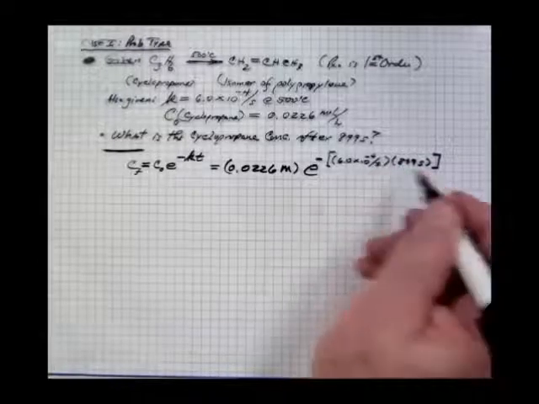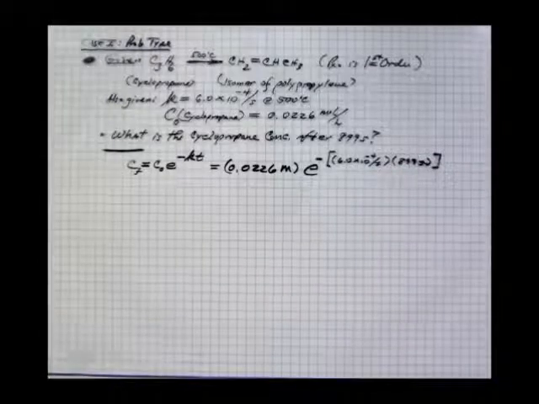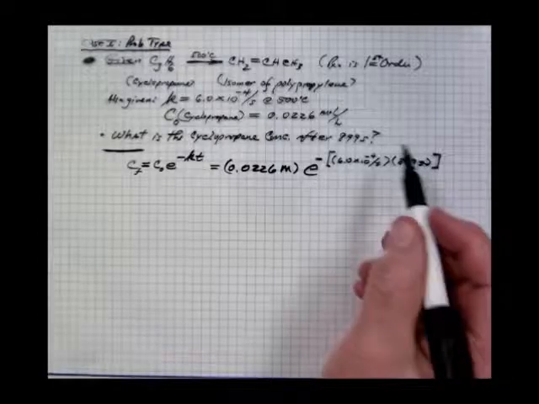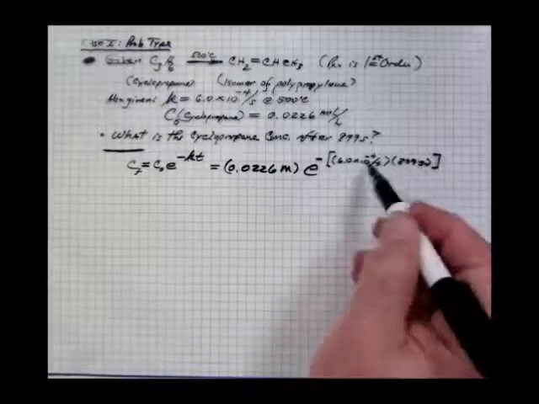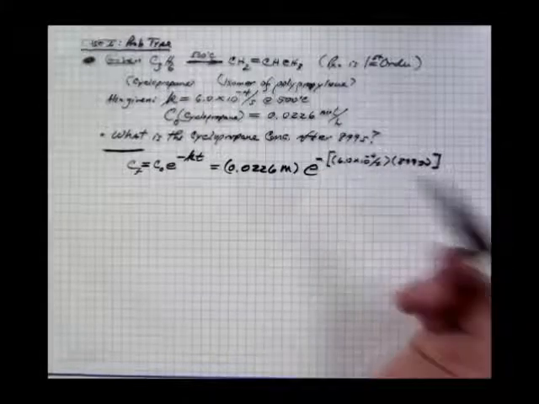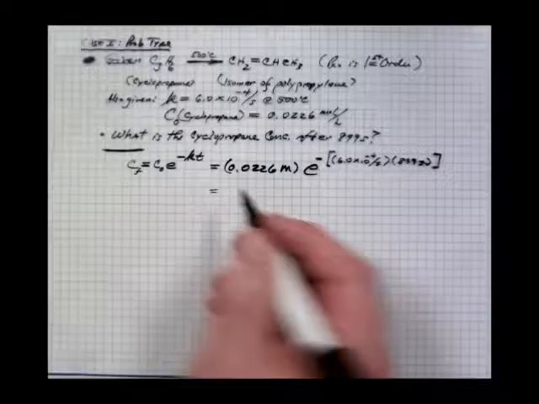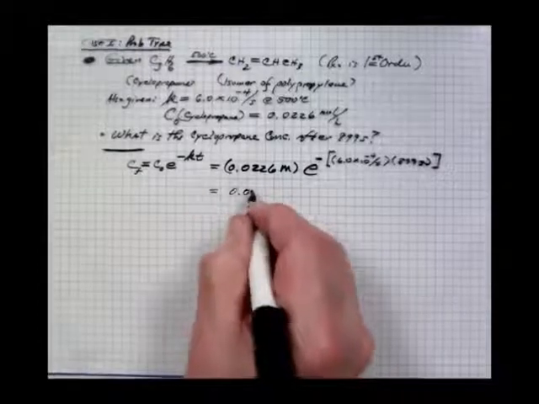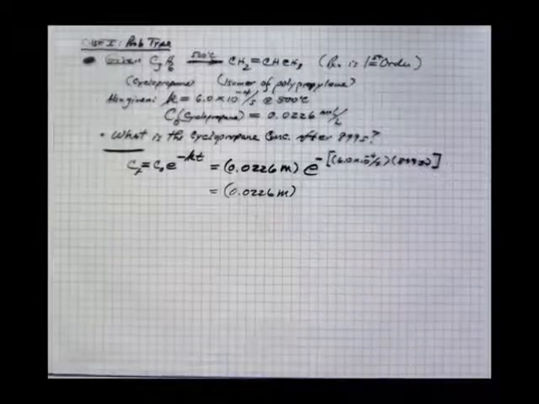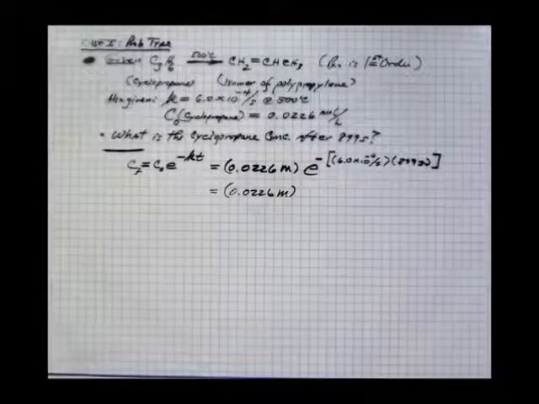This allows you to cancel the time units in that part of the equation, and it also says calculate what's in the brackets first and then apply the negative sign. So it just avoids, in my opinion, miscalculating the e function here.